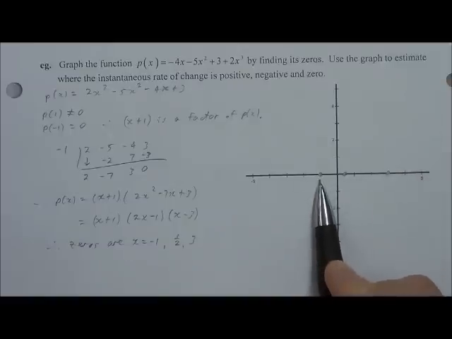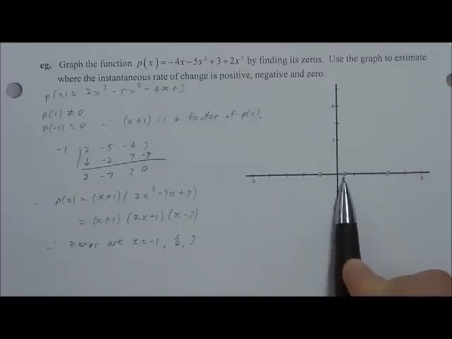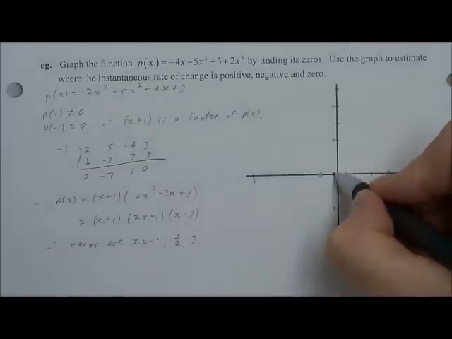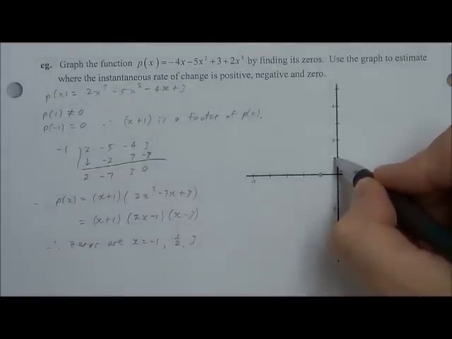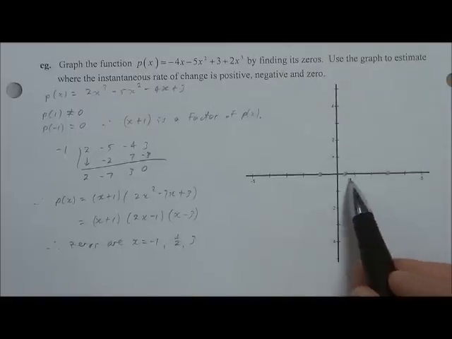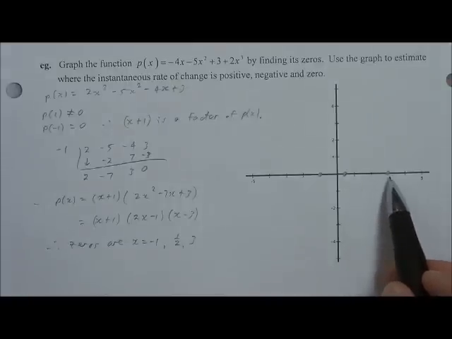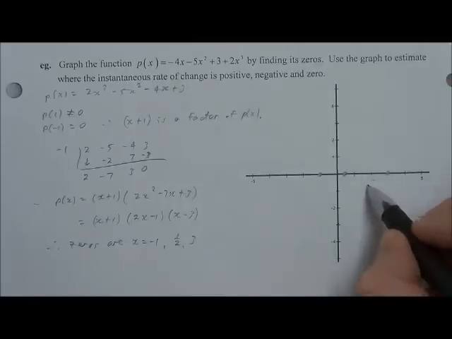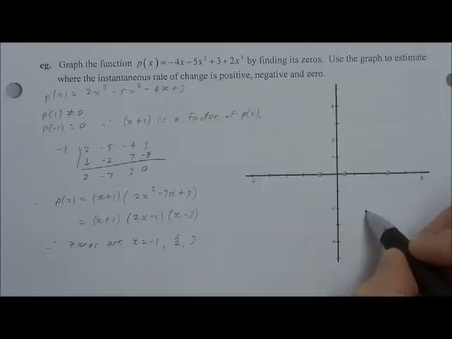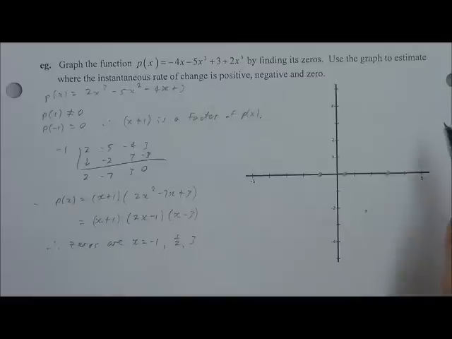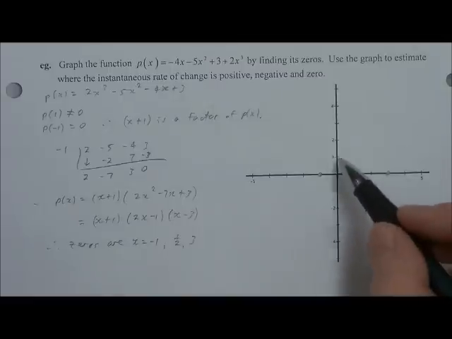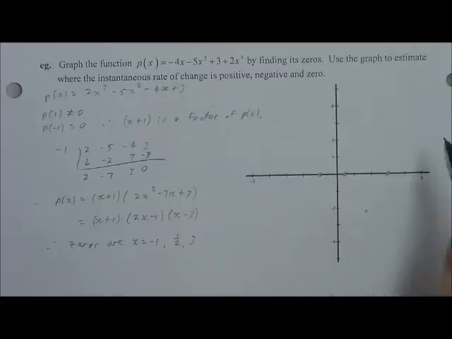So the average between negative 1 and a half would be negative 1/4. So about negative 1/4 would be where the turning point might be, and the average between a half and 3 is about 7/4. So around here. So those would be the rough estimation of where the turning points would actually occur.